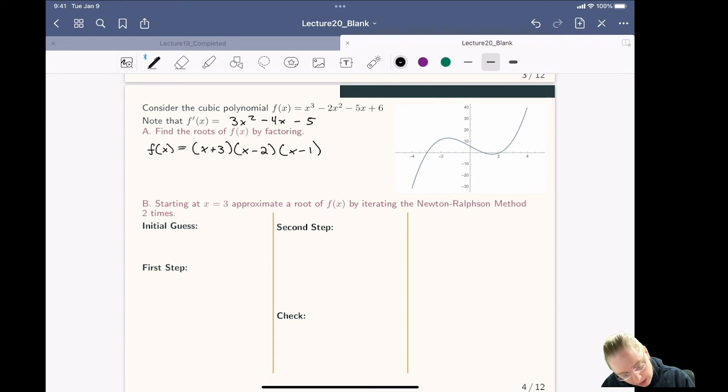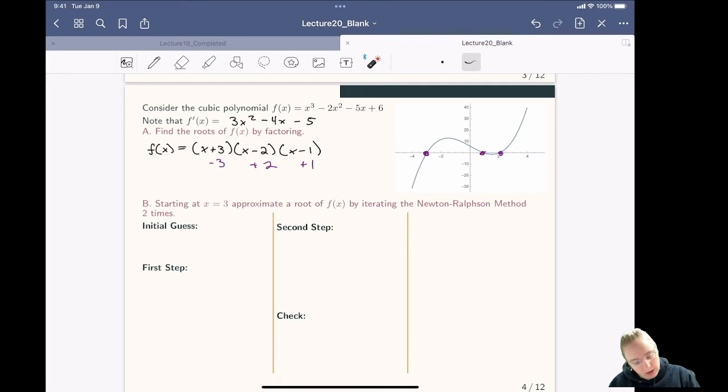So if we do that, then we have these three roots. We have a minus 3, we have a plus 2, and we have a plus 1. Let's draw those over here. We have this one here, and this one there. So yes, those are indeed the roots of this polynomial.